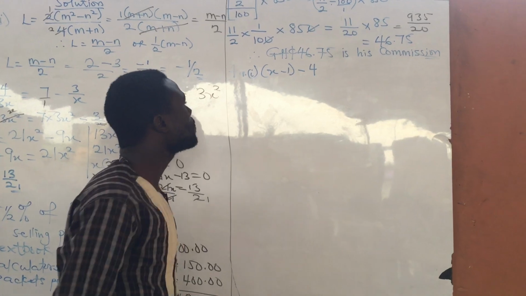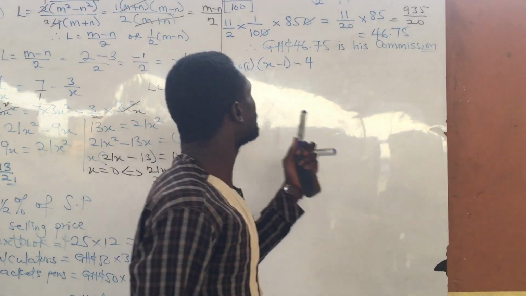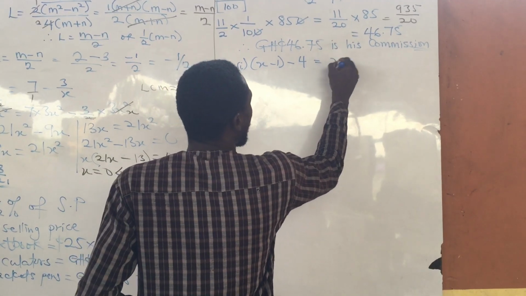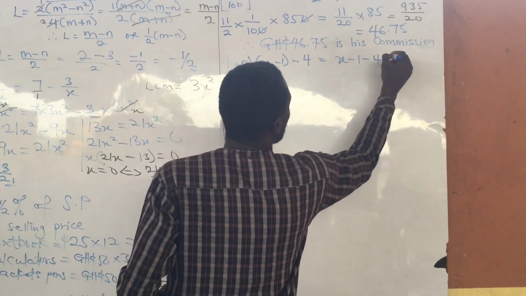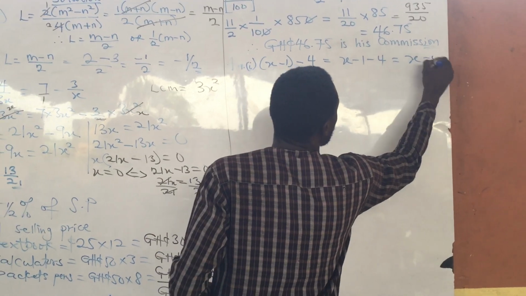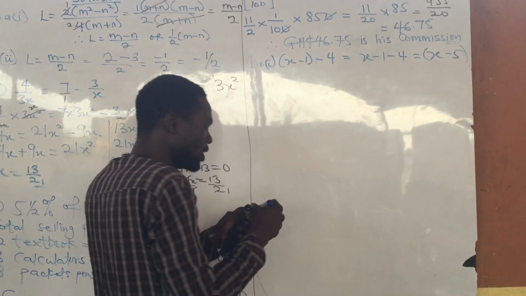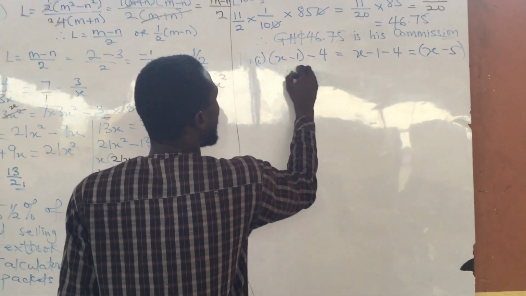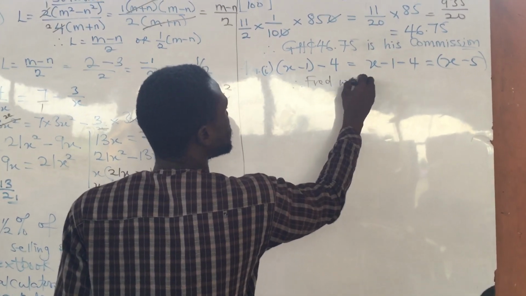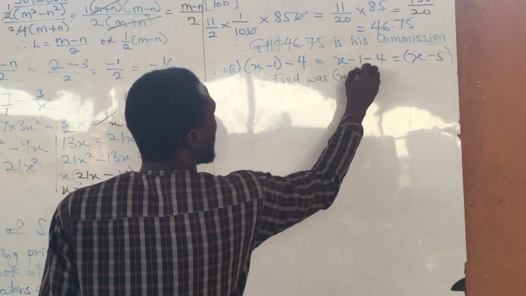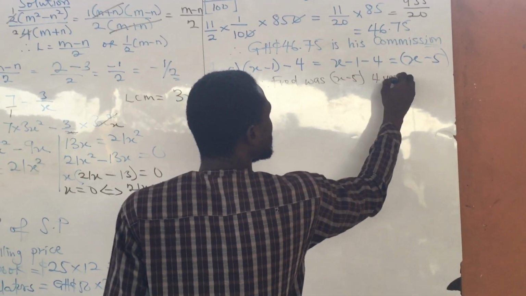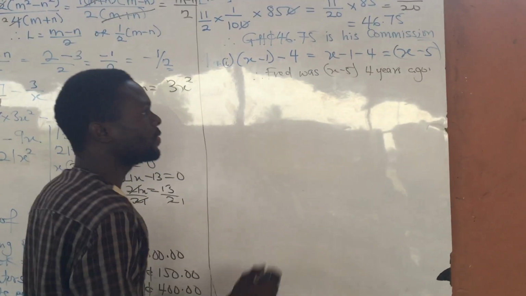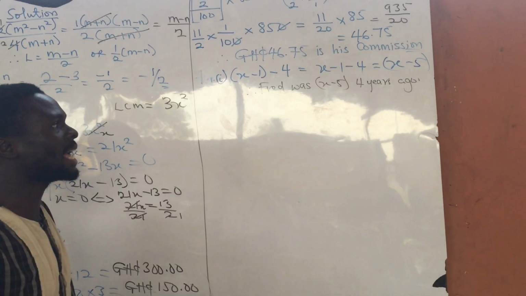So subtracting 4 from his current age, we are going to get X minus 1 minus 4, which is equal to X minus 5. So we are going to say, therefore, Fred was X minus 5 4 years ago. So we have this as the number 4I.